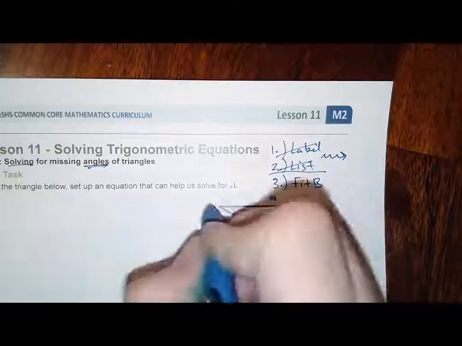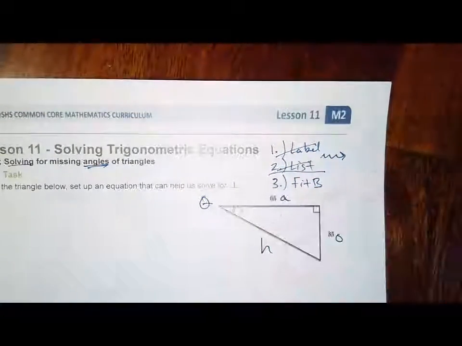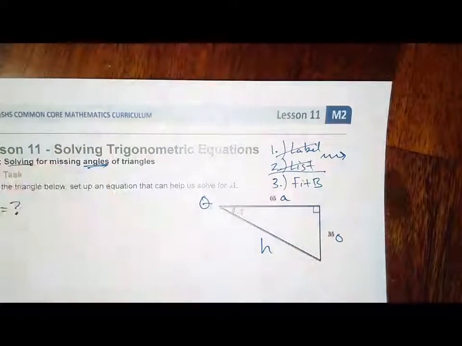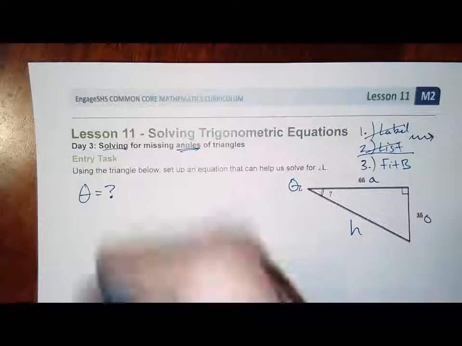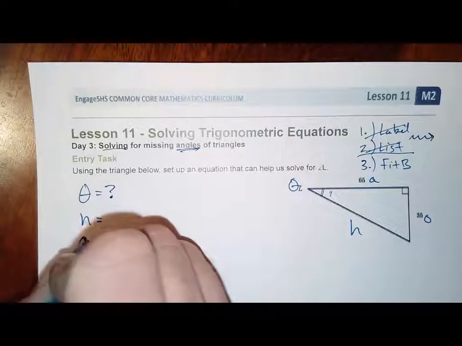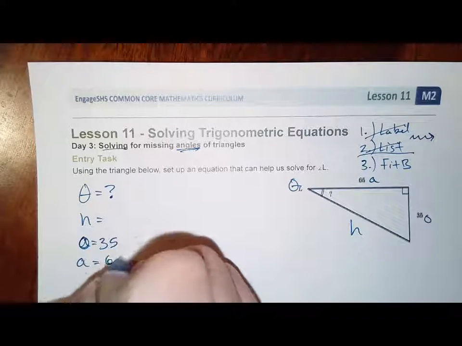Here we go. Step 1, label. Step 2, list. O equals 35. A equals 65.